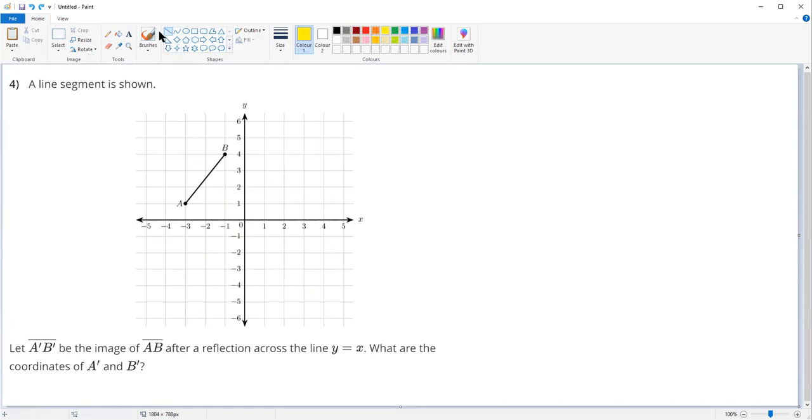But you just need to know that the expression for this reflection takes (x, y) and it's going to be equal to (y, x). If it was the negative one, you just put negative signs in front of that because the signs shift.